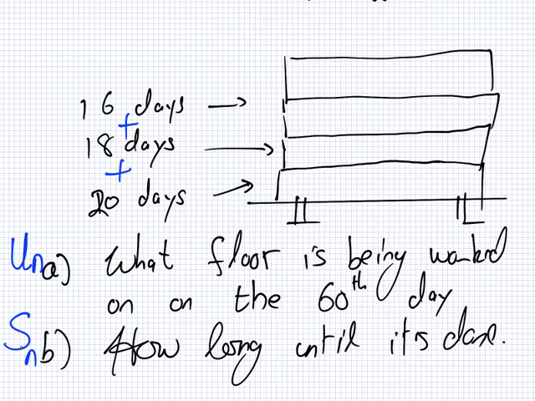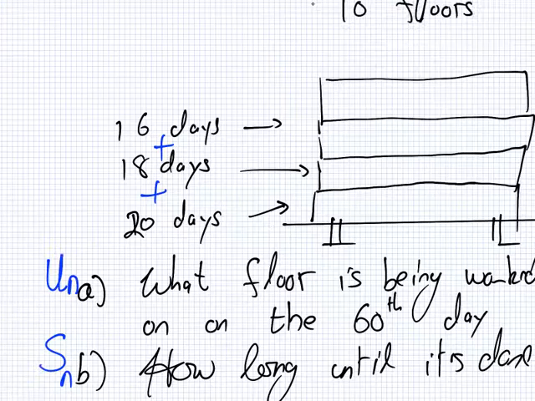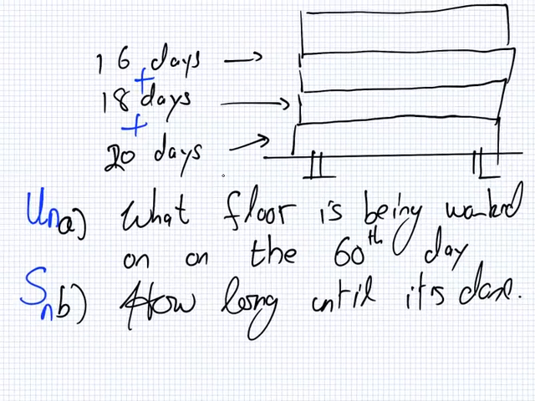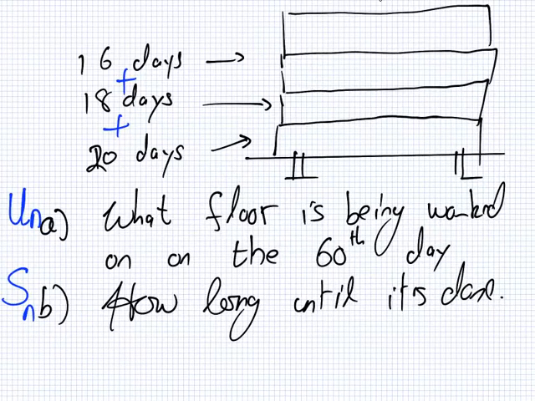I'll let you try it first, and then I'll do it. Just remember, there are 10 floors we want to build in total. So there's going to be 10 floors.